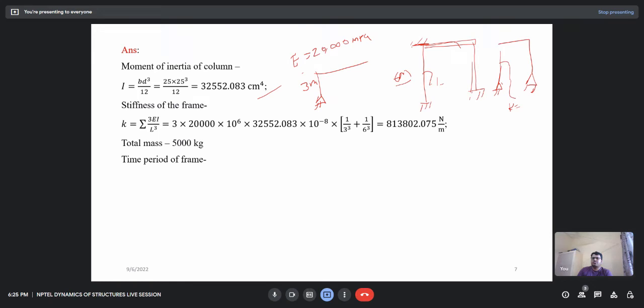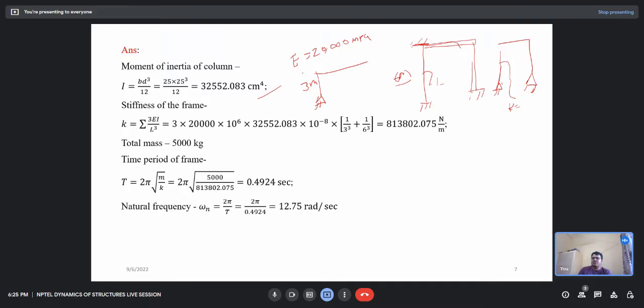Is it 12.75? That is the natural frequency omega, because the time period can't be that high. It is 0.4924 second, that is my time period, and the natural frequency comes out to be 12.75.